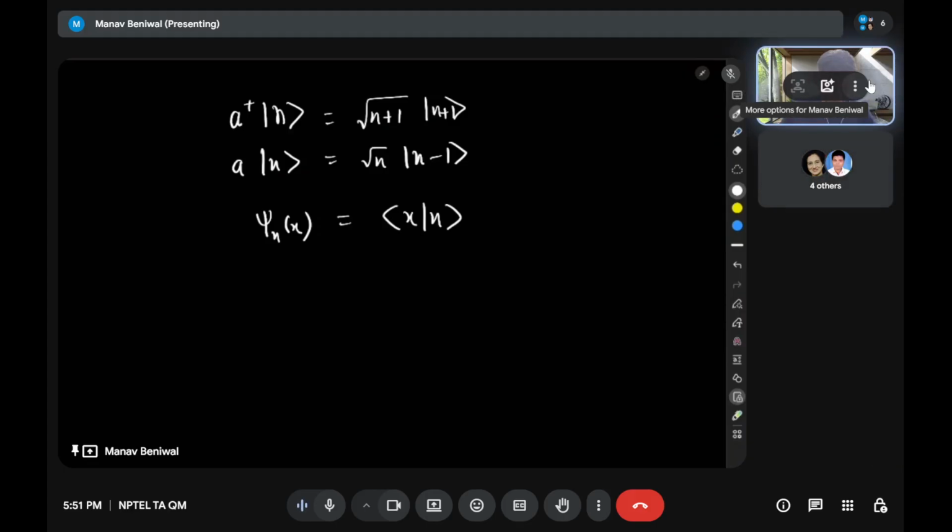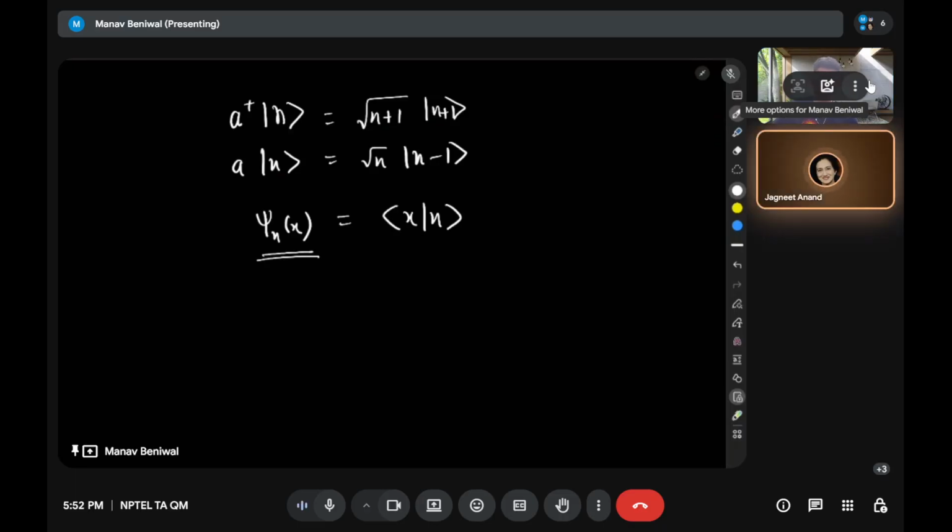So what we have here is a wave function which is a function of x. Ma'am said that from here we can derive the expression for psi naught, and then we can find psi 1 in terms of psi naught, and then psi 2 in terms of psi 1, and so on. But for psi naught, if I can get something from here and then proceed.